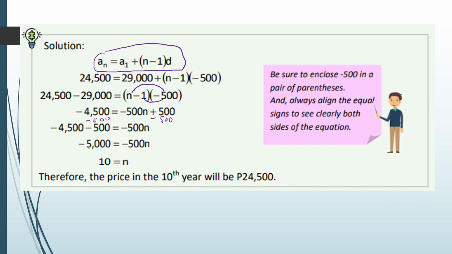So you end up with negative 5,000 equals negative 500 n. Dividing both sides by negative 500, which is the coefficient of n, you'll end up with n equal to 10. Therefore, the price in the 10th year will be 24,500.